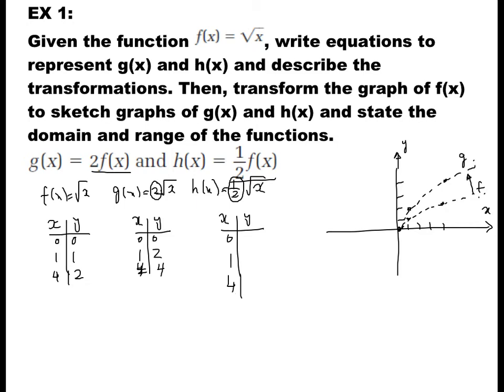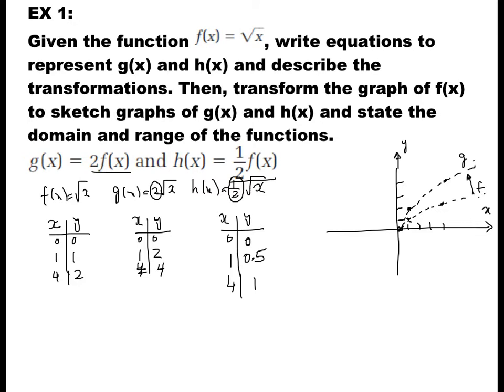For h of x, we are going to have the following table of values, the same x's. If x is 0, half square root of 0 is 0. If x is 1, half square root of 1 is half, which is 0.5. If x is 4, half square root of 4 is going to be 1. So if x is 0, we get the same point 0. If x is 1, it's half, so it's going to be somewhere around here.